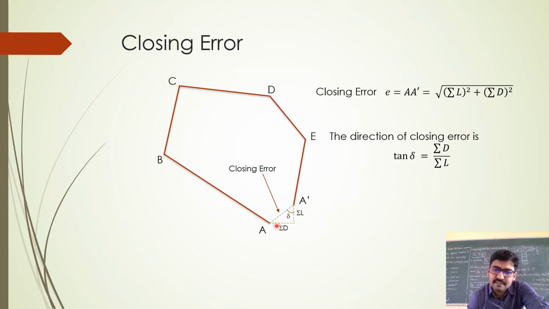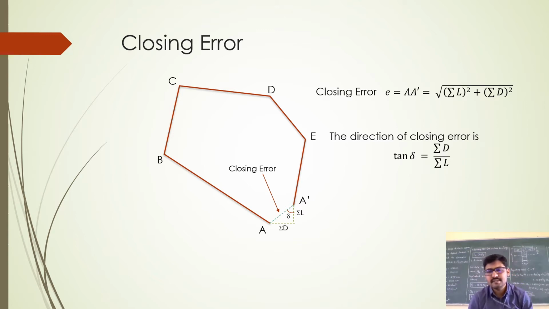If you look at this triangle, the opposite side of delta is summation D and the adjacent side is summation L. So tan delta is equal to summation D divided by summation L, right? So delta will be equal to tan inverse of summation D divided by summation L. You can easily calculate the angle at which the closing error is. So the first formula gives you the magnitude of the closing error, and the second formula gives you the direction, right?